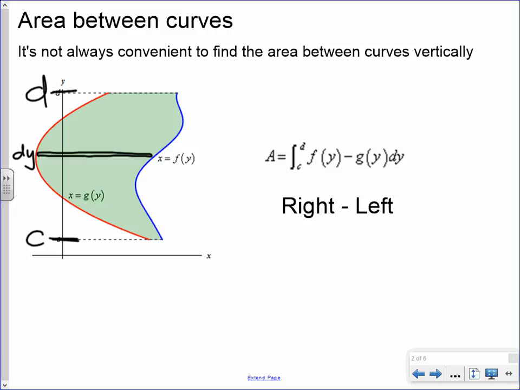Notice how we're still going to take the more positive function minus the less positive function. So when integrating with respect to y for our area, we take our right function minus our left function. Yesterday we were taking top minus bottom, bigger function minus smaller function, essentially. Today we're going to take right minus left if we have horizontal bars that we are adding up.